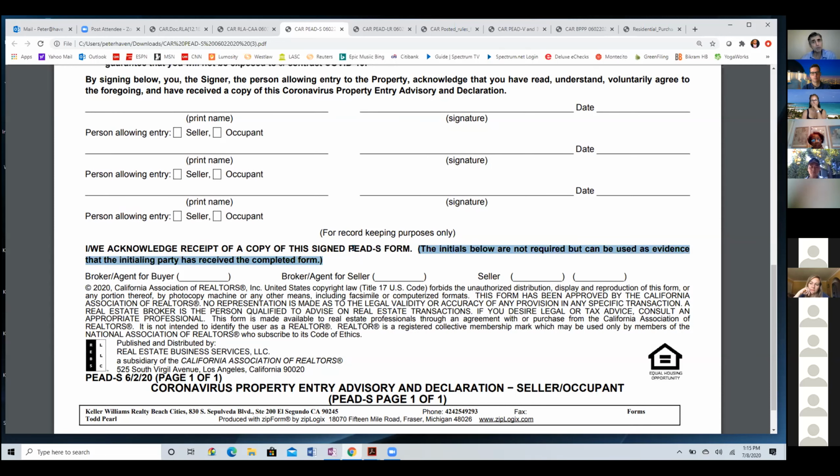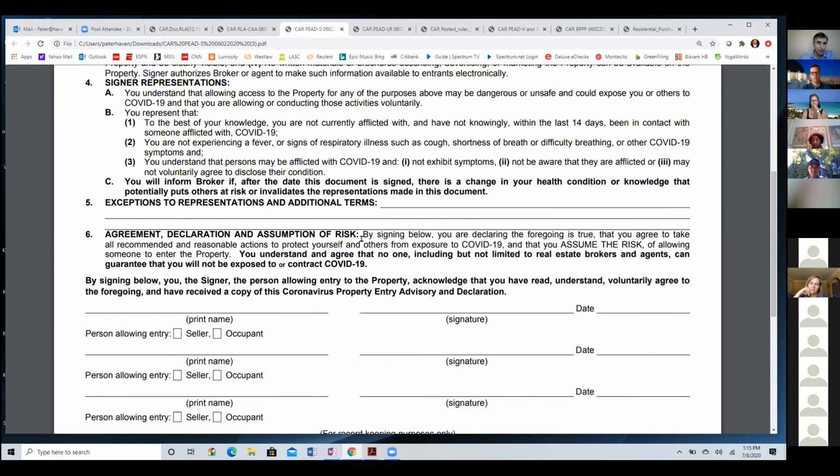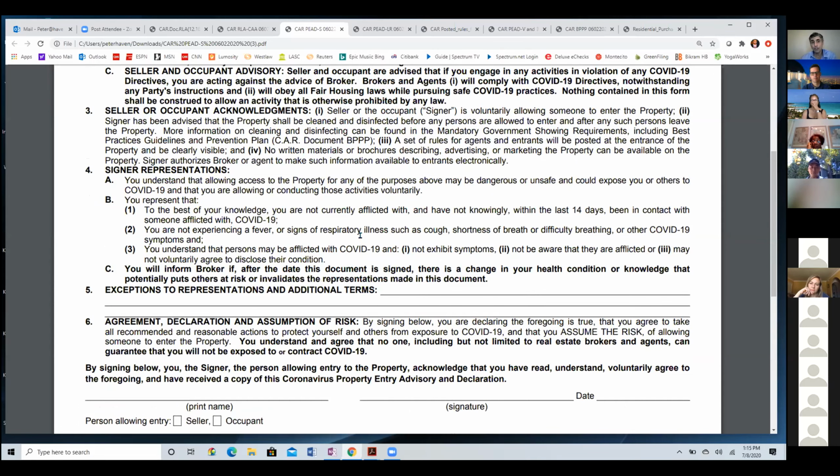And people sometimes ask, do I need to get these forms updated? Well, generally speaking, that's probably not a bad idea, but there are limits to how much people can reasonably do. The signer is representing that they haven't been afflicted within the past 14 days.